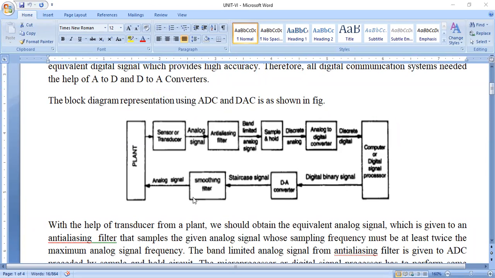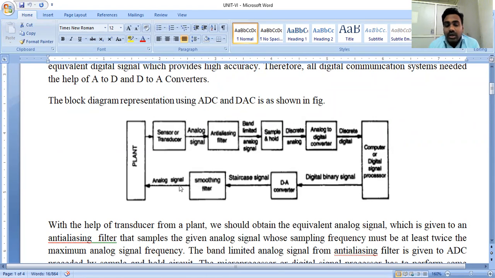So the basic analysis of this block diagram, whether it is digital to analog conversion or analog to digital conversion, plays a vital role. How is this going to happen? We have taken the analog pulse with the help of a sensor or a transducer.